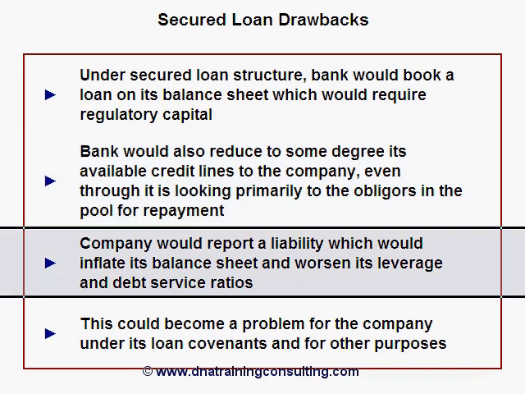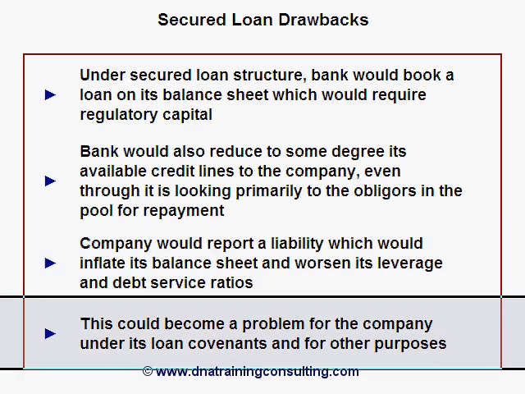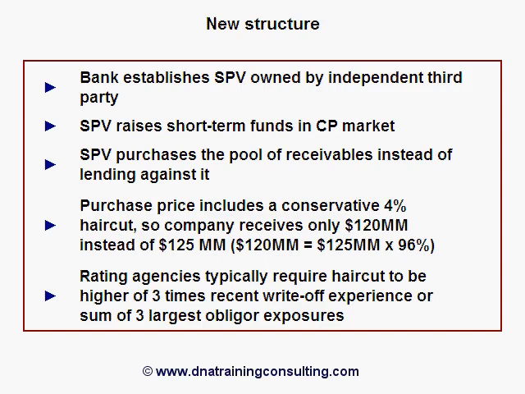From the company's perspective, the company would have to report a liability which would inflate its balance sheet and make its various financial ratios appear worse, such as its leverage and debt service ratios. This could become a problem for the company for a number of reasons, such as the monitoring of loan covenants and various other important criteria.